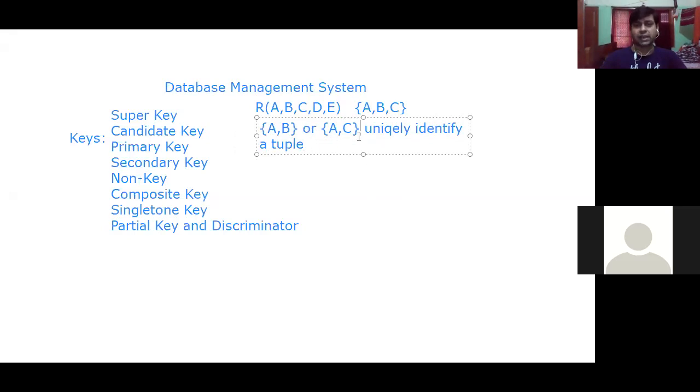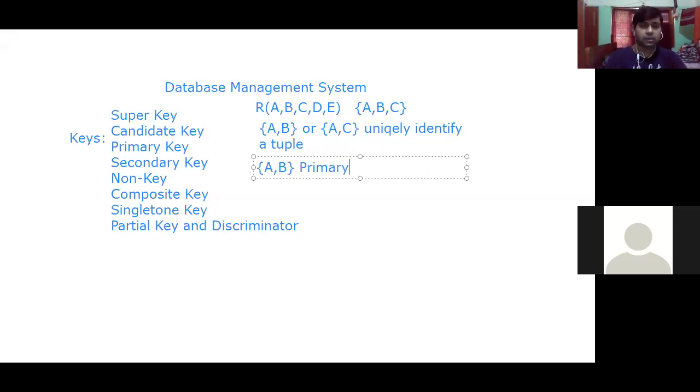out of those candidate keys, the developer or programmer or DBA will choose one candidate key as the primary one, and that will be called primary key. So let's say in this example there are two candidate keys, out of which this A comma B, this set of attributes combinedly forms the primary key.